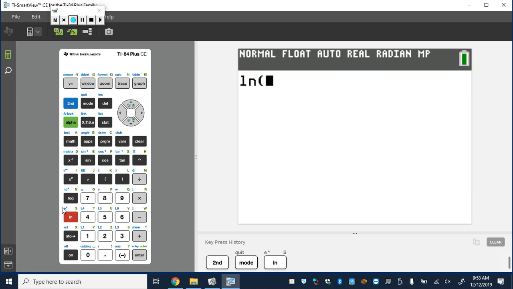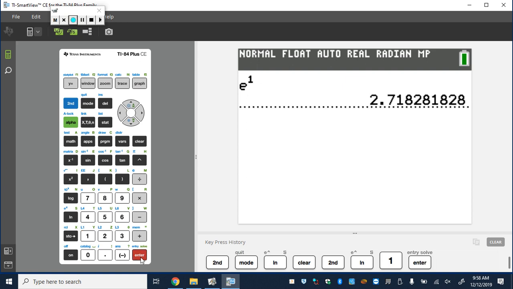If you hit the second button, and then you hit the ln, it brings up the e, and it always puts it as an exponent. So if you just want the normal e, you would put the exponent as 1. You just want e to the first power. So there's the number, 2.7182818828. So that's what the number is. It just naturally exists above the ln button.